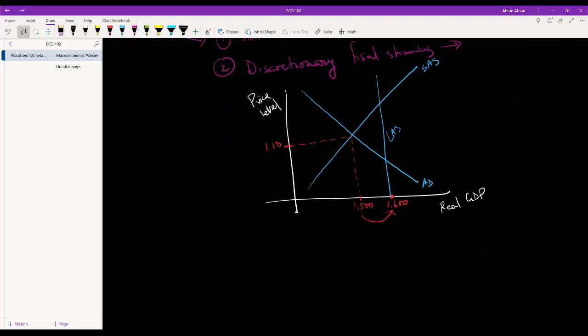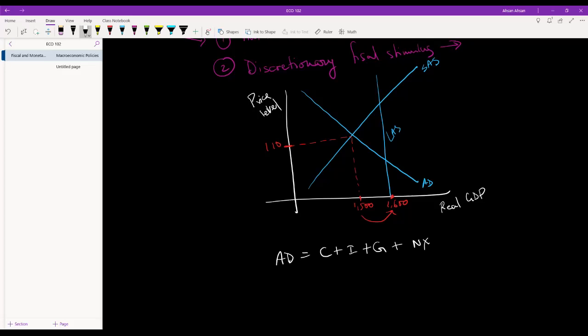So let's write down the equation for aggregate demand first. AD, if you remember, is equal to consumption plus investment plus government expenditure plus net export.